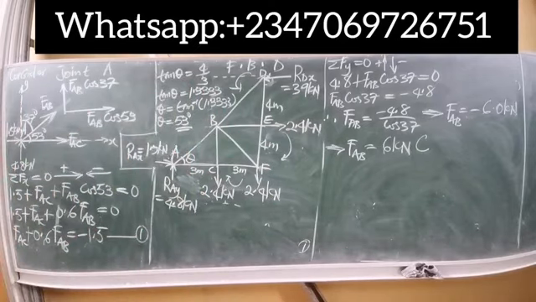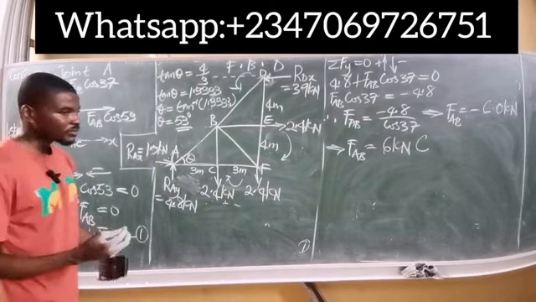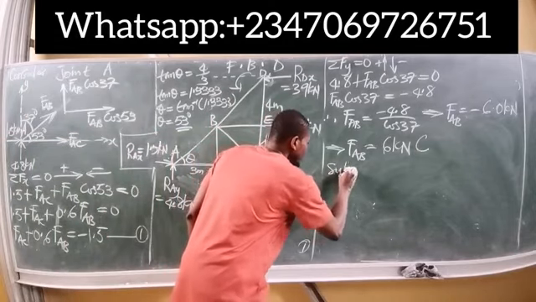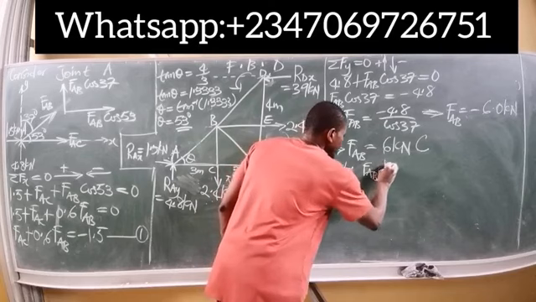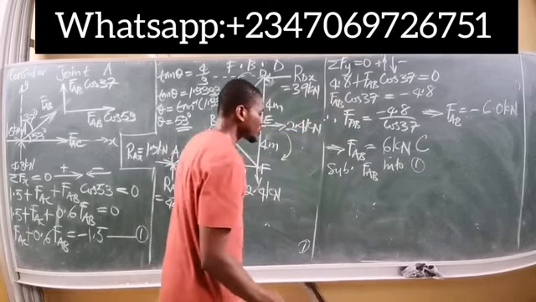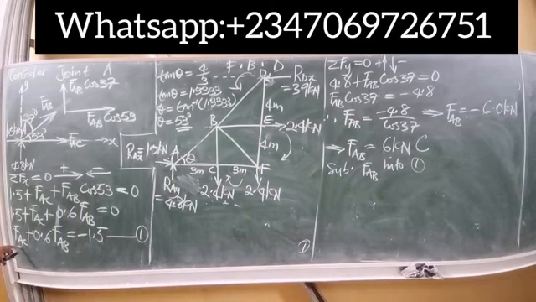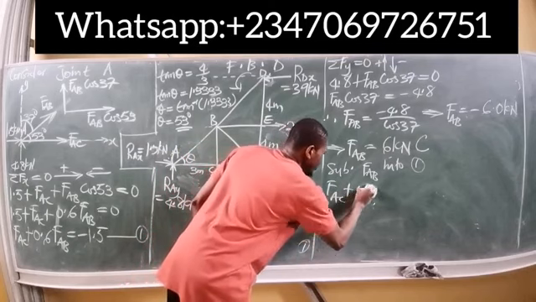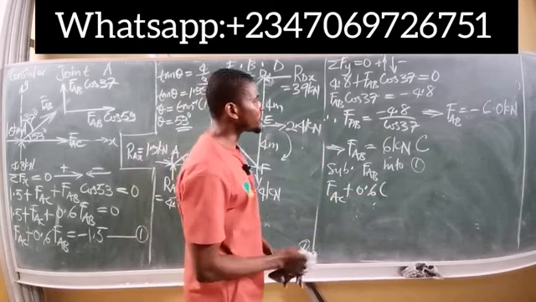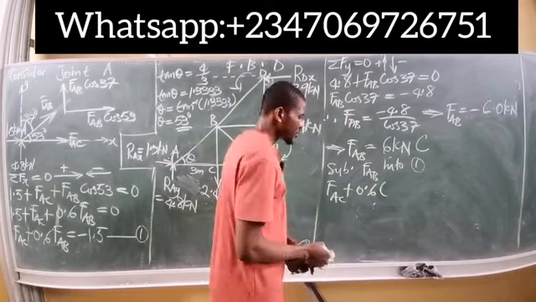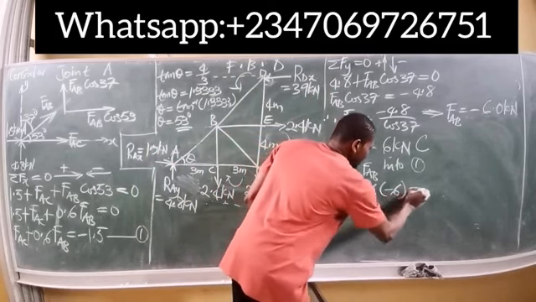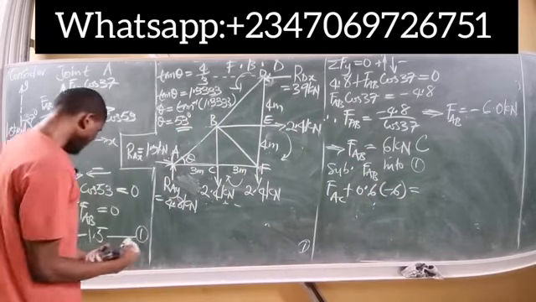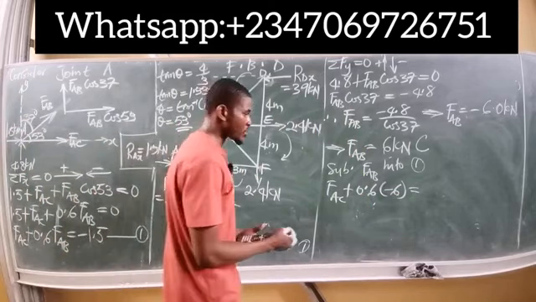If we know that force, we simply substitute into equation 1 to find FAC. So putting the value of FAB into equation 1, we simply have FAC plus 0.6, in place of FAB, which gave us minus 6, not forgetting. So minus 6, and that's equal to minus 1.5.